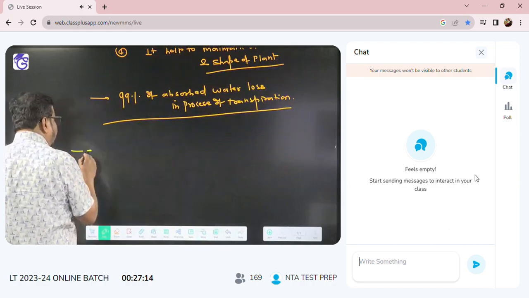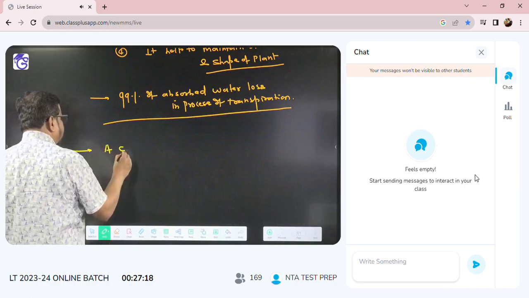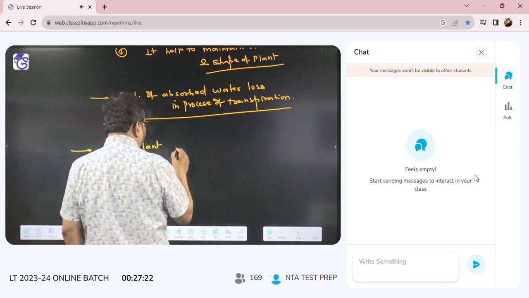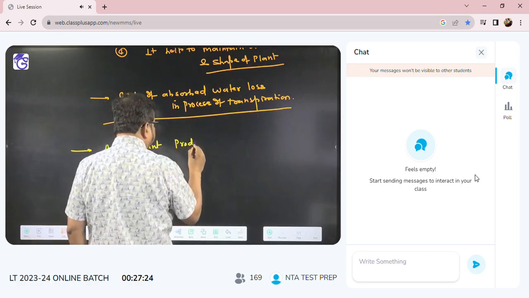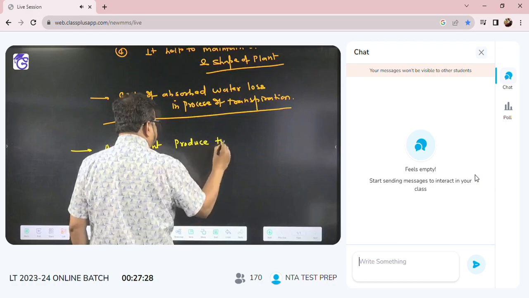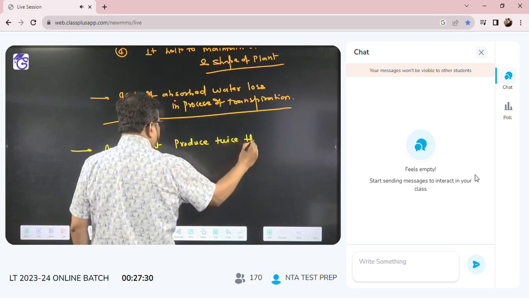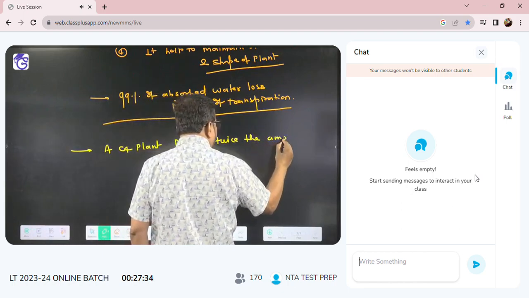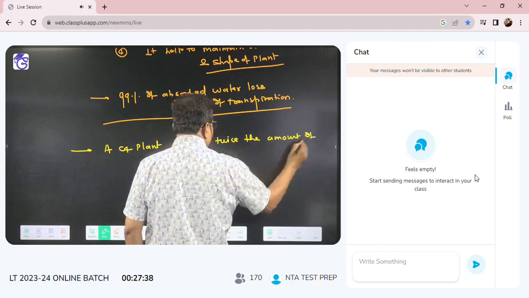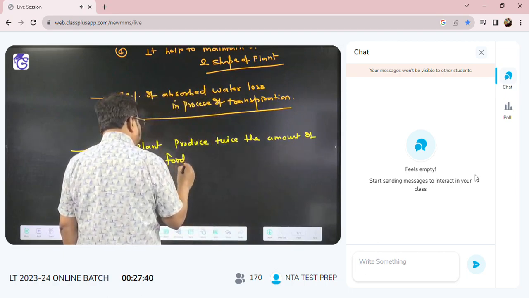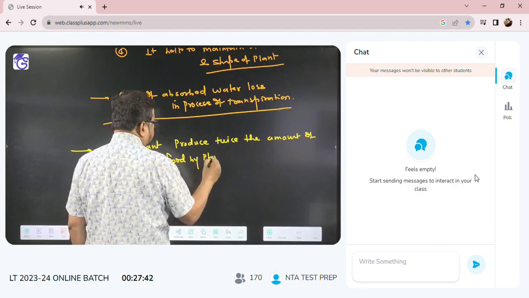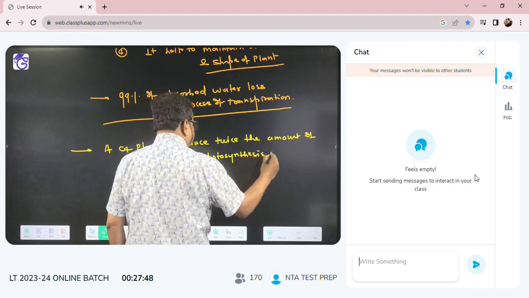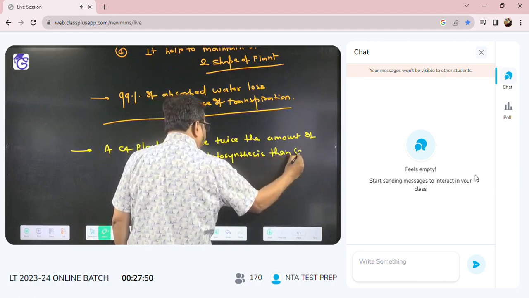So NCERT further wrote, a C4 plant produces twice the amount of food by photosynthesis than a C3 plant.